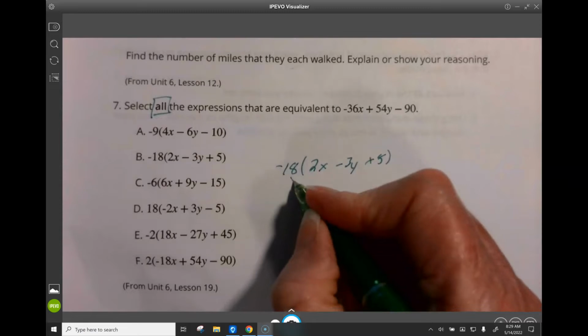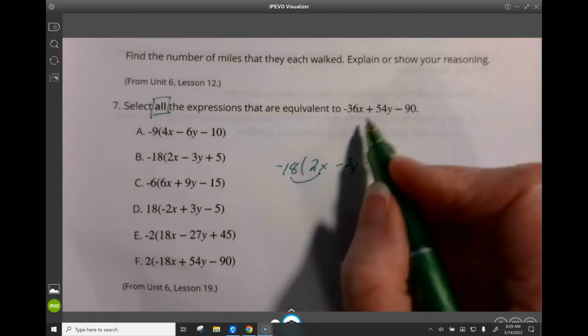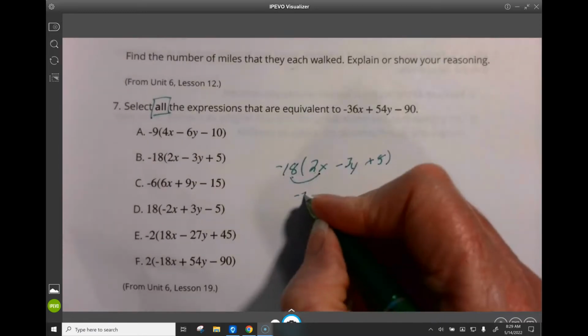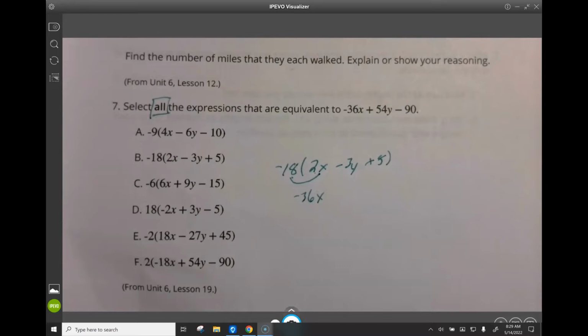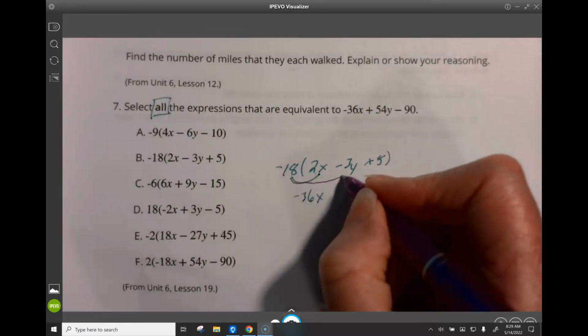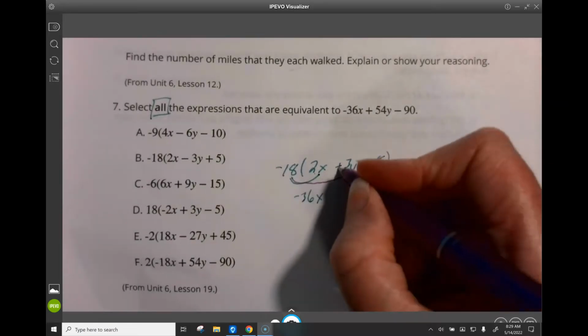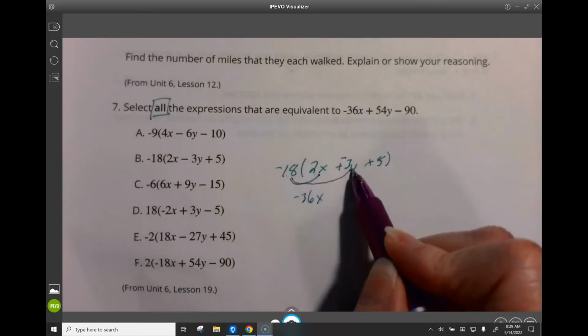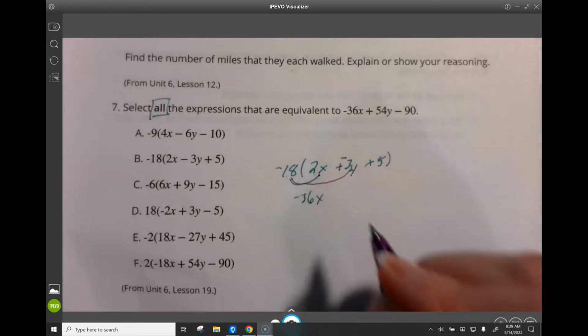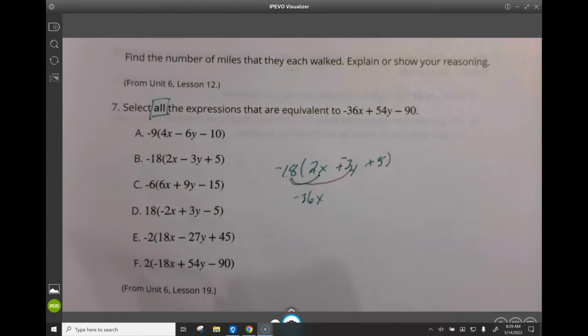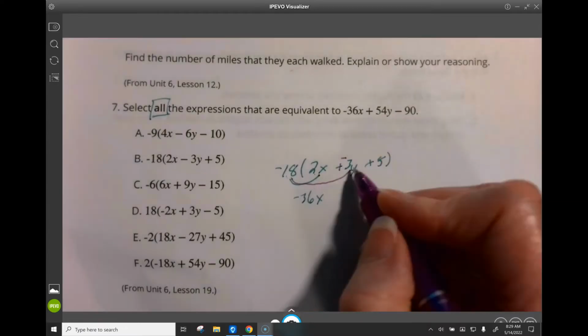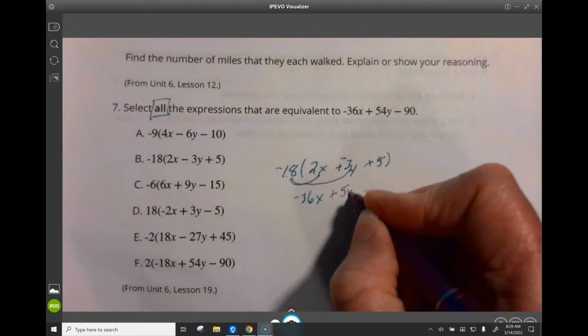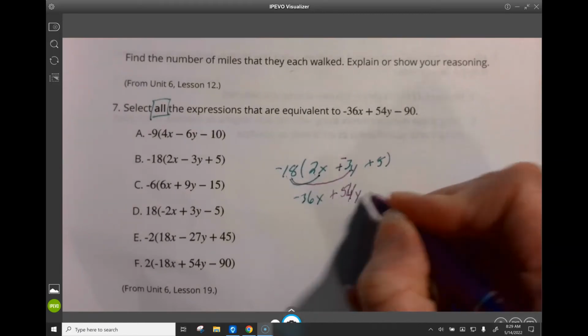So I'm going to take negative 18 times 2x. 18 times 2 is negative 36x. Then I'm going to take negative 18 times a negative 3. 18 times 3 gives me 54, and negative times a negative is a positive, 54y.